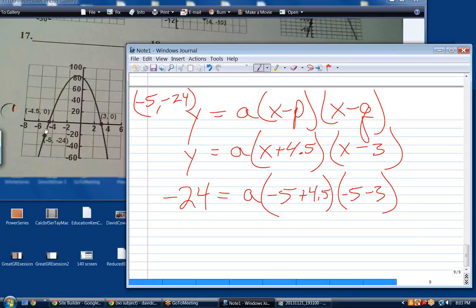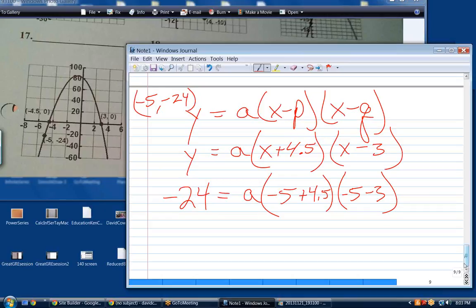Now, notice that any point on this parabola has to fit this equation. If they'd given me a point up here, I could have plugged it in. It does not matter where it's at.